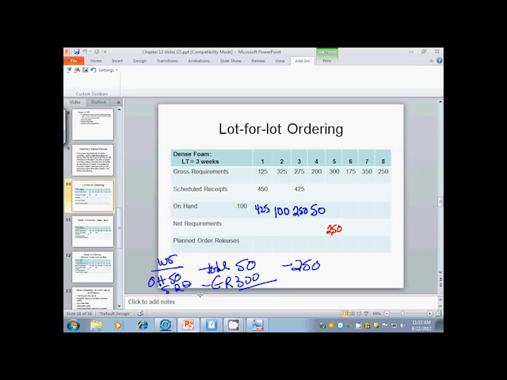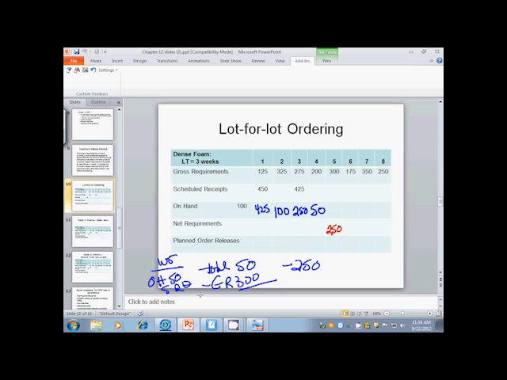Because I have that need, I need to plan to order them. Remember, this is a planning piece here. Our inventory status records help us plan when we need to order to make sure we have enough on hand. So that's what we're going to be looking at here.